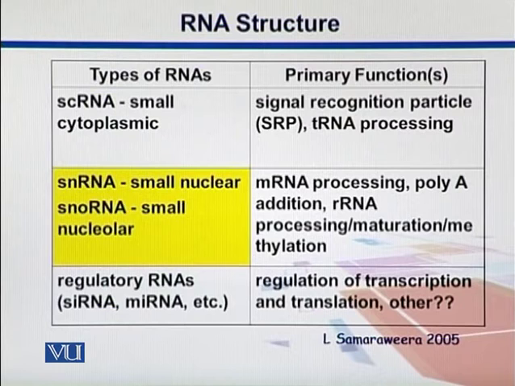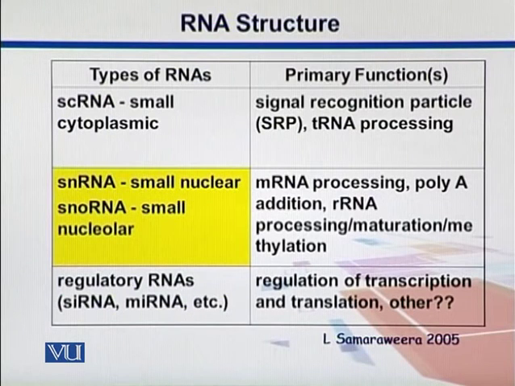Small scRNAs, small cytoplasmic RNAs, are where we have signal recognition particles, and they can also play a role in some tRNA processing. Then we have small nucleolar RNAs, and they process messenger RNA.